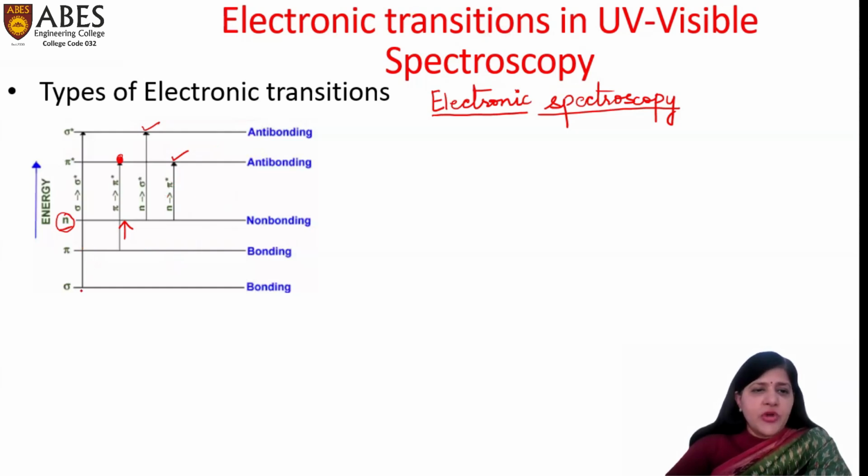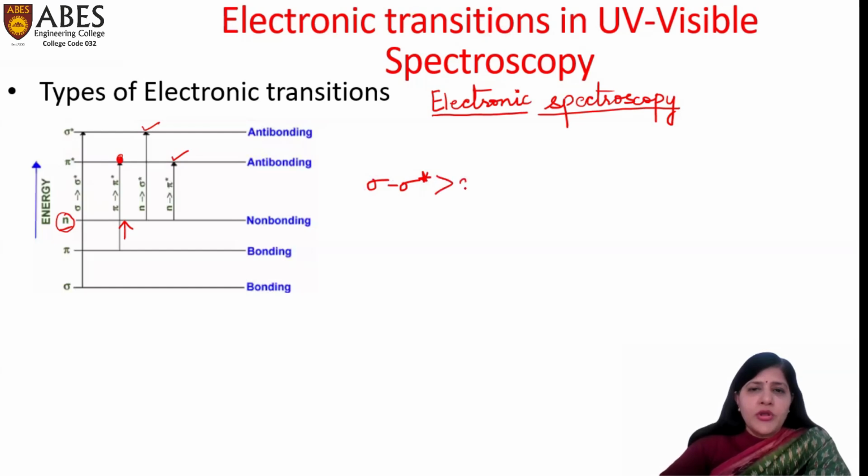If a sigma electron absorbs energy, it will undergo sigma to sigma antibonding transition. This is the highest energy transition. And if a pi electron absorbs energy, it will undergo pi to pi antibonding transition.